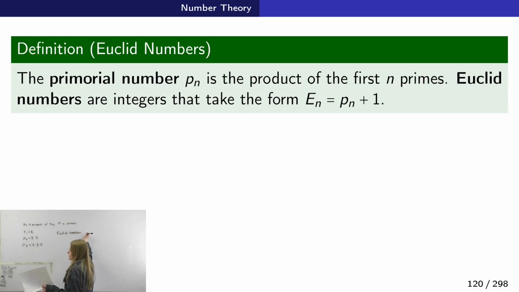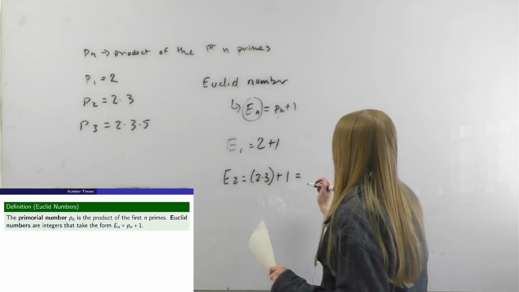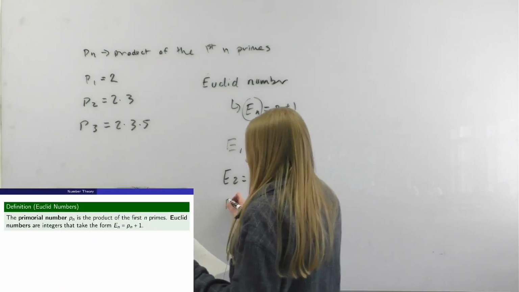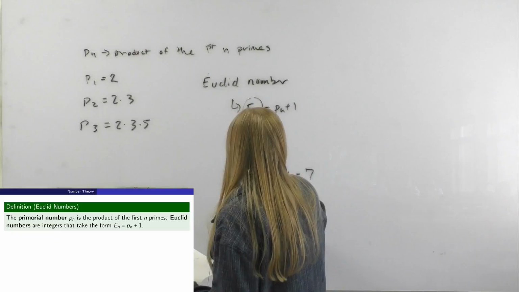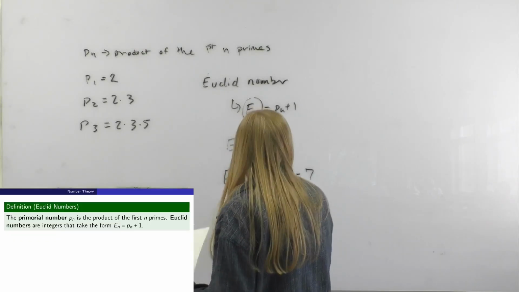A Euclid number is just an integer that takes the form En equal to Pn plus 1. So the first Euclid number, E1, is just 2 plus 1. E2 is 2 times 3 plus 1, which is 7. And I'm going to jump to E6 because I think that's fun.